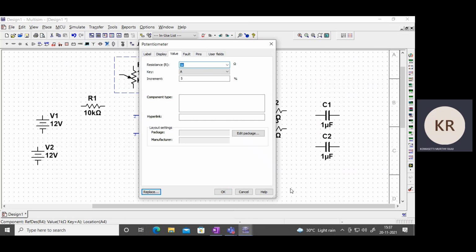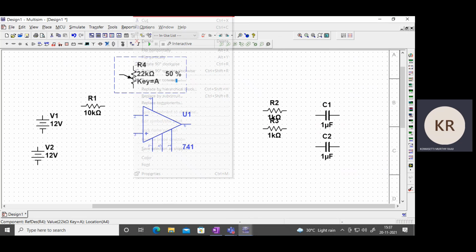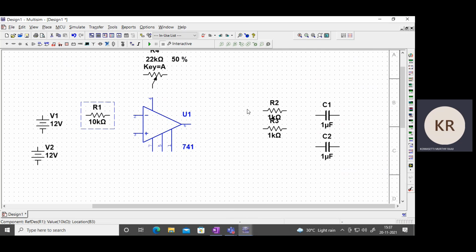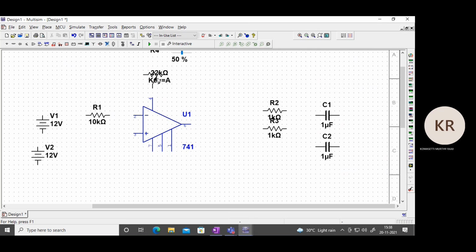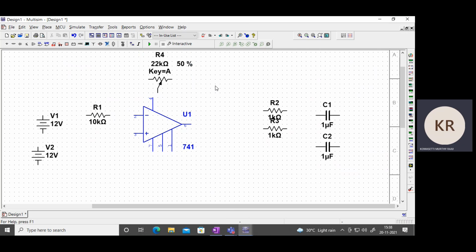The potentiometer value in our design circuit is 22K. Okay. This is the 10 kilo ohm, and this is the 22 kilo ohm resistance.